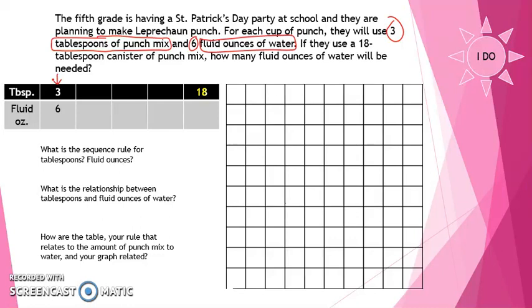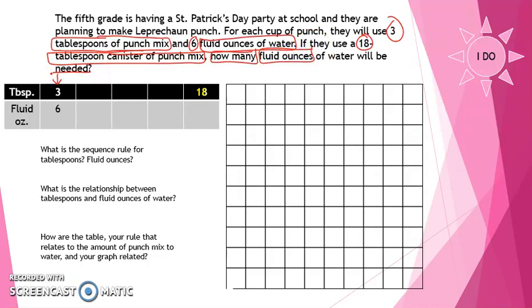section of our chart. So if they use an 18 tablespoon canister of punch mix, okay, that's how much the entire can holds, we want to know how many fluid ounces of water will be needed in total.